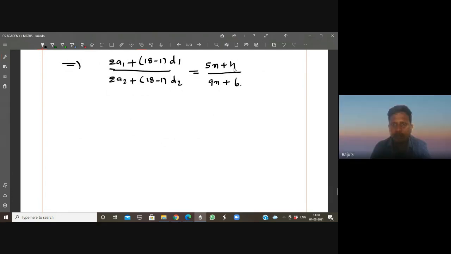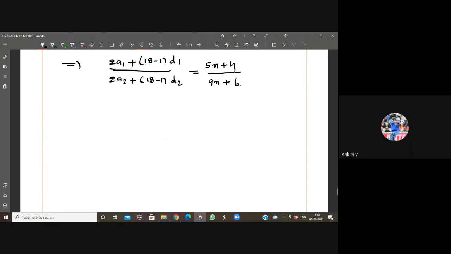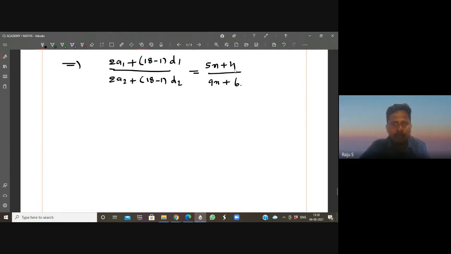You can substitute n in the RHS also. When n is equal to 18, here it is 5 into 18 plus 4 by 9 into 18 plus 6. We are going to get two equations.